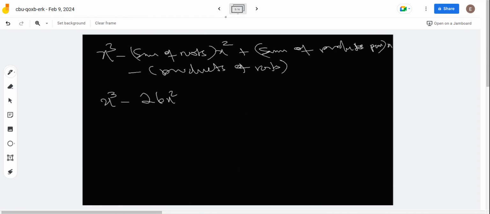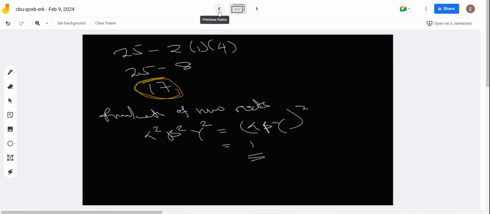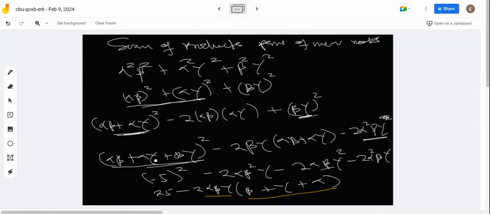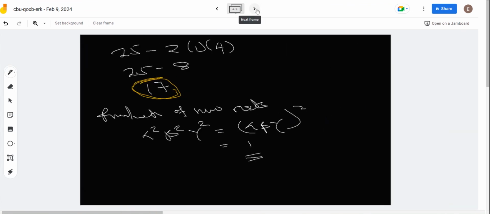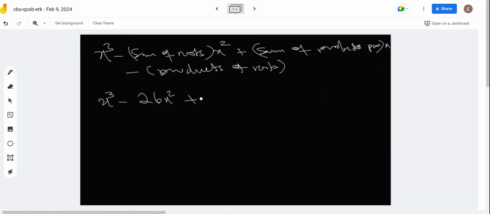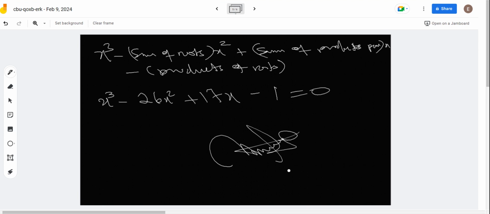Then the sum of product pairs is 17, so plus 17x, then minus the product of roots, which we had as 1, is equal to 0. So this becomes our new equation.